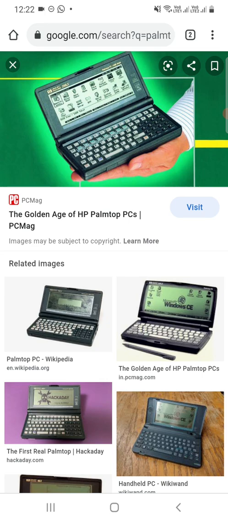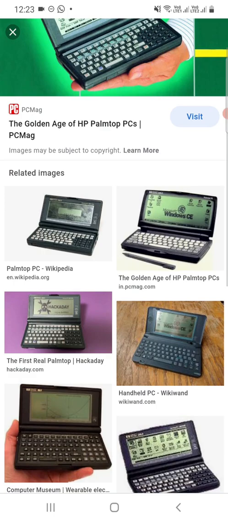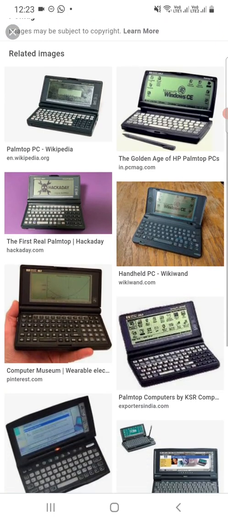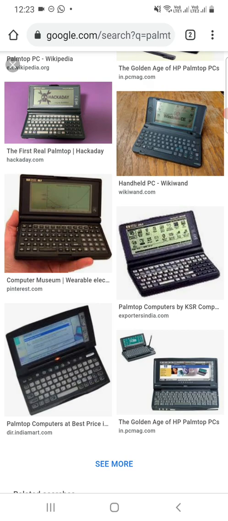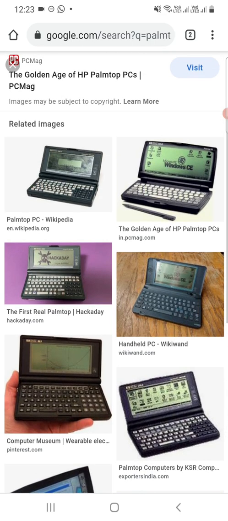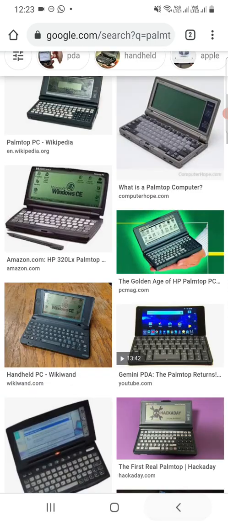There is a screen and so many buttons like a keyboard. So this is the smallest computer we have, called palm top. You can easily carry it in your pocket and easily handle it.